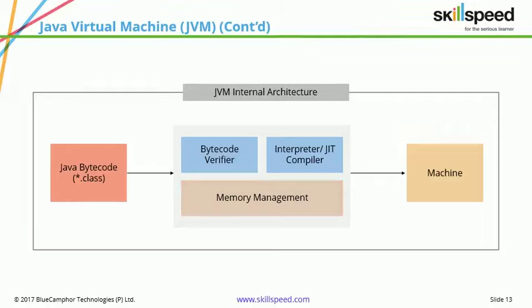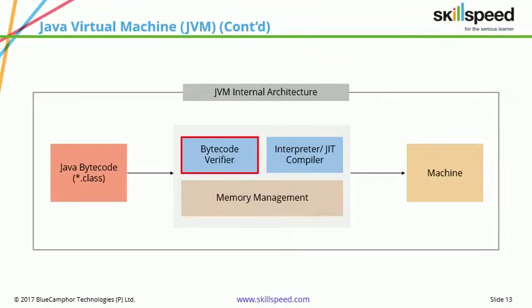From there, the flow will go to the machine. So the bytecode will flow into the JVM, and from there it will go to the compartment containing all these blocks.